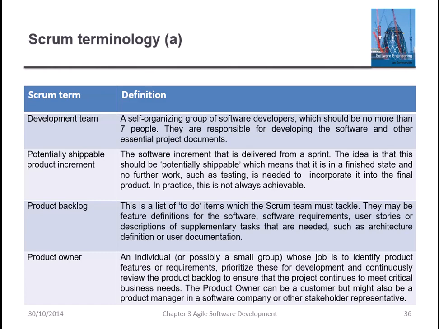Then comes the product backlog. The product backlog is a dynamic list of features, requirements, enhancements, and fixes that must be completed for the project's success. It is essentially the team's to-do list, meaning which requirements should be implemented and which tasks should be done by the team.